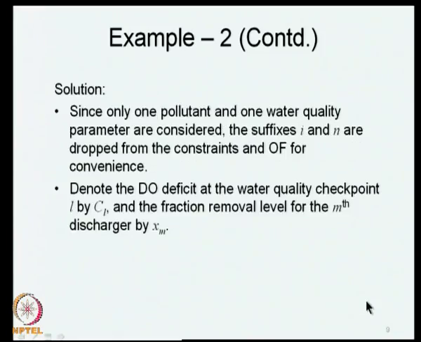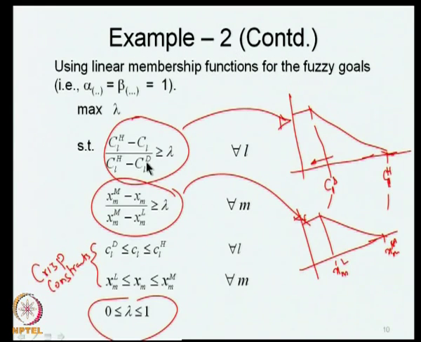So, for each of the reaches, we need to define L. At L, you need to give CLD, which is the desirable level, and we need to give for each of the locations L the permissible level of DO deficit. Similarly, for each of the dischargers M, we need to provide what is the lower limit and what is the higher limit.